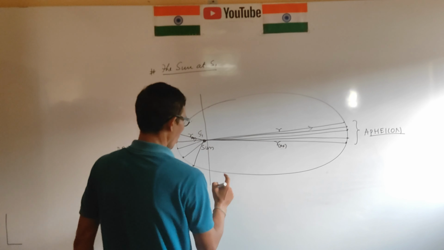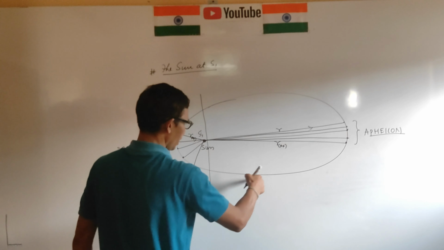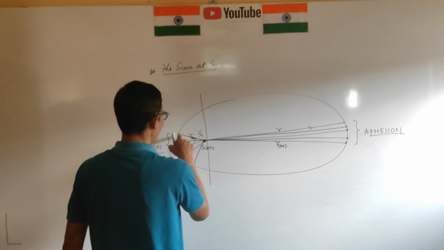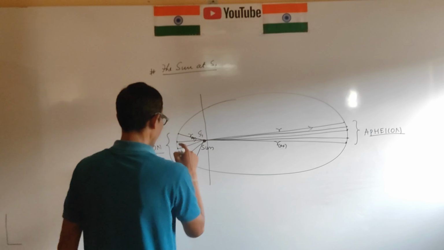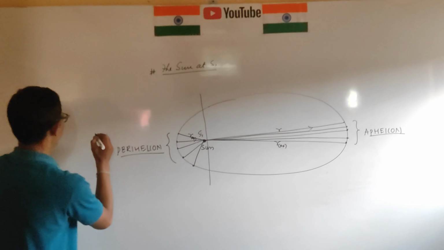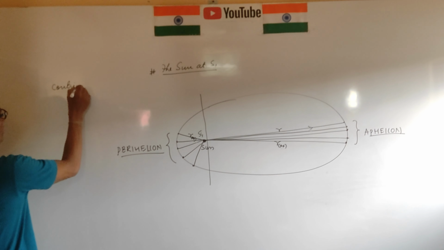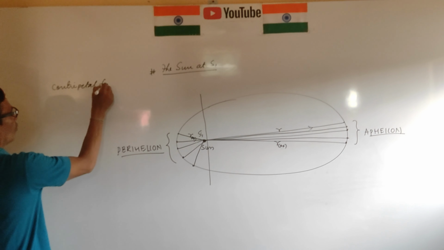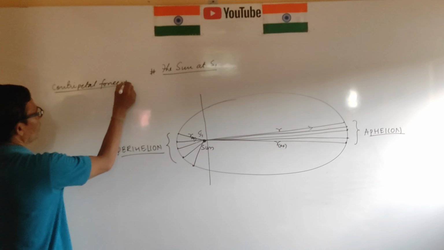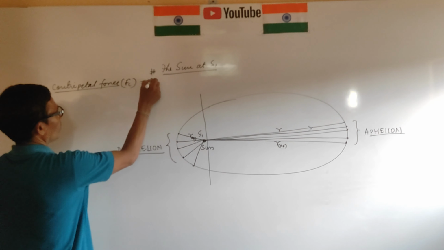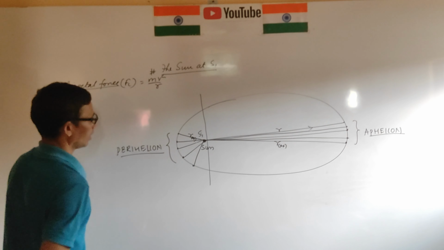We know that when the body revolves in a circular path, centripetal force acts. Centripetal force Fc equals m v squared by r.